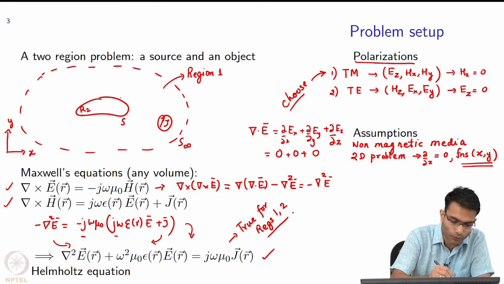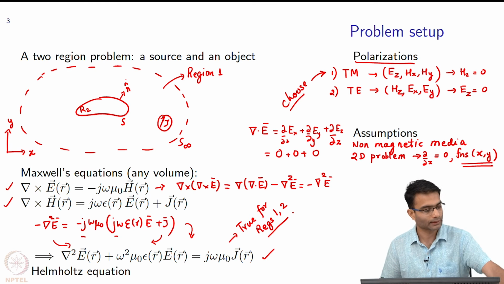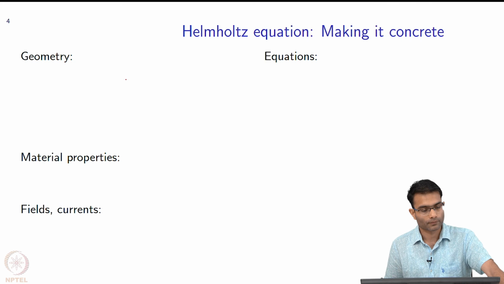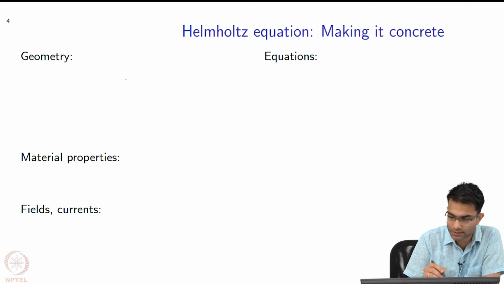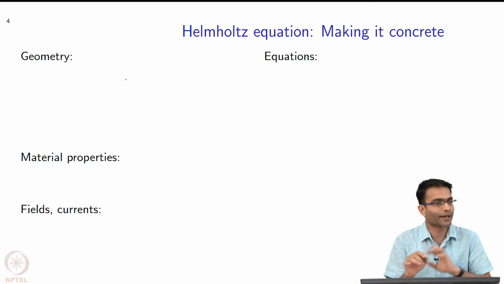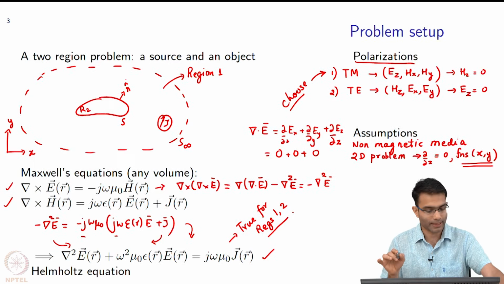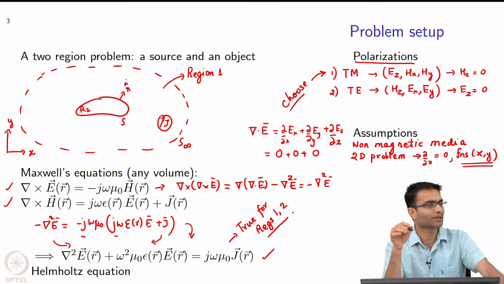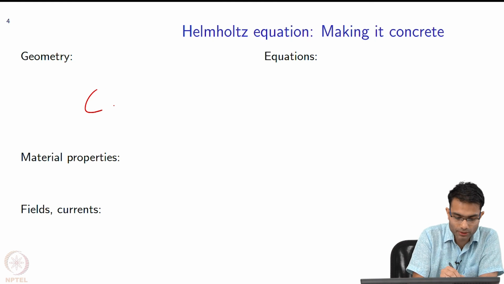Also, this surface I am going to characterize by a normal vector over here. I will need that. Okay. All right. Should we go ahead? Okay. So, let's just make it concrete. We had a lot of vectors everywhere in this slide. Now, because we are dealing with a 2D problem, let us try to simplify notation as much as possible. Okay. So, this is our geometry again.